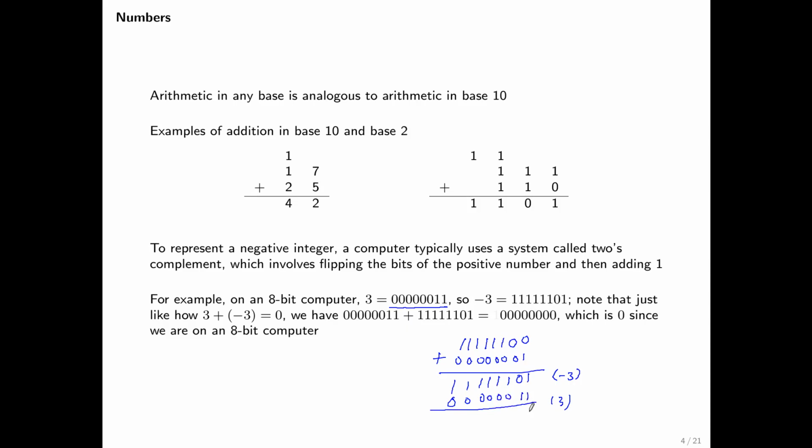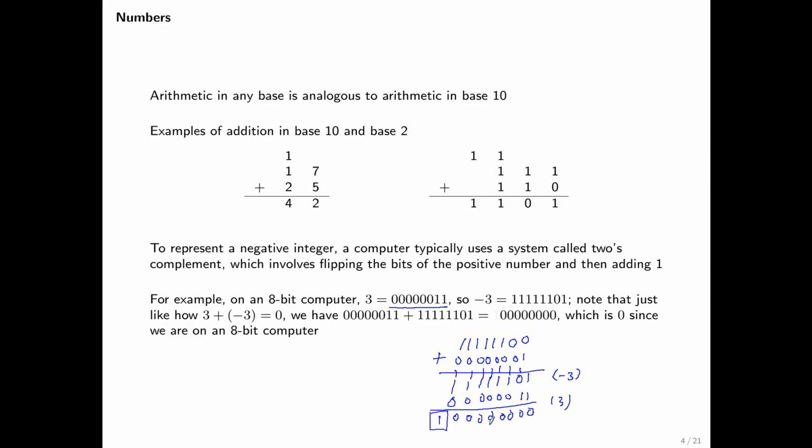So 1 plus 1 is 0, carry of 1. 1 plus 1 is 0, carry of 1. 1 plus 1 is 0, carry 1. Again, 1 plus 1 is 0, carry 1, and so on, all the way to the last bit, where 1 plus 1 is 0 and you carry 1.